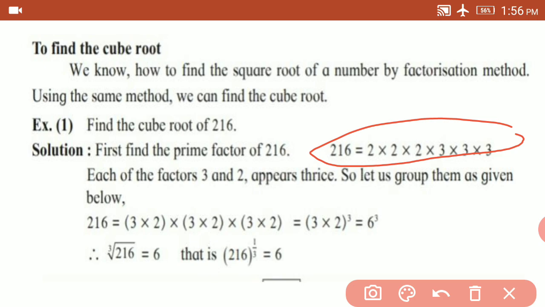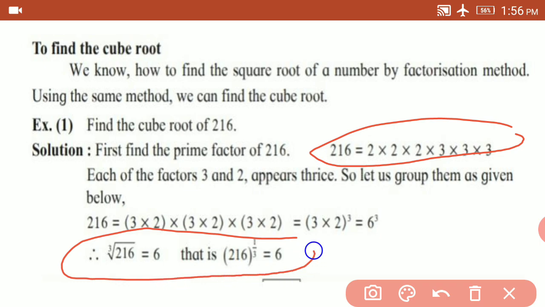That means 3 into 2 cube is equal to 6 cube. Therefore, cube root of 216 is equal to 6. This can also be written as 216 raised to 1 upon 3 is equal to 6.